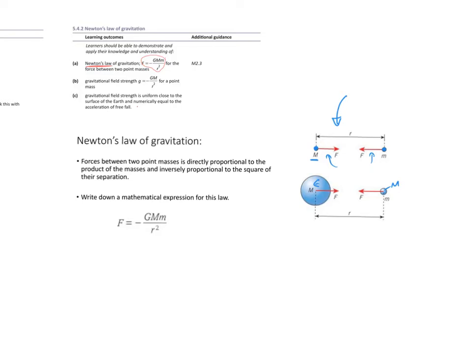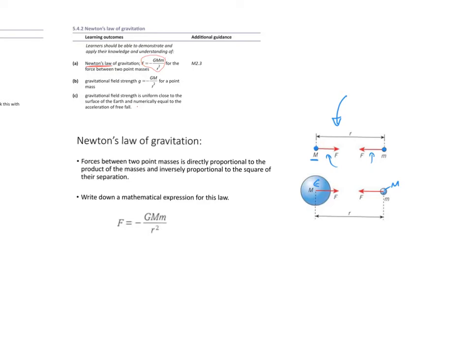So the same type of force, the same size, but in opposite directions. The only thing is that it acts on different objects. So remember that about Newton's third law. There are four key points about it: the same size force, the same type, opposite direction, but acting on different objects.